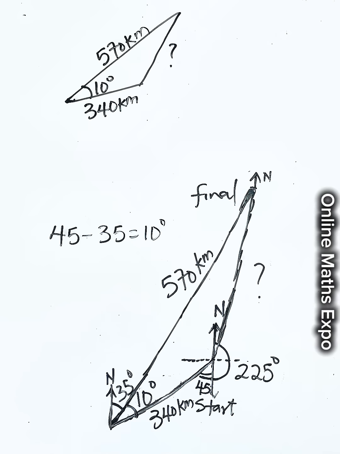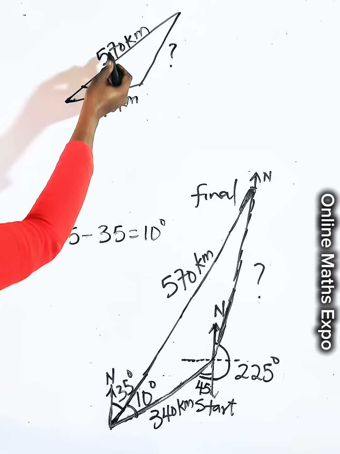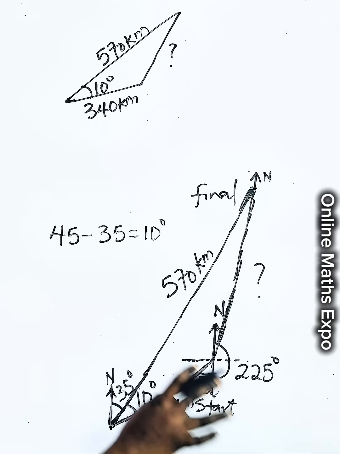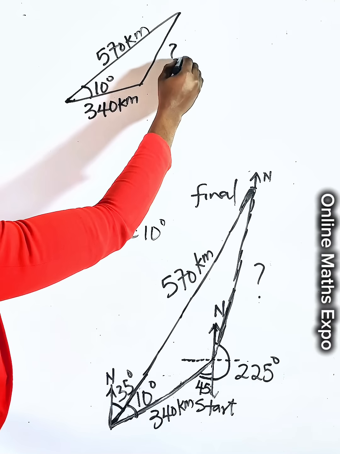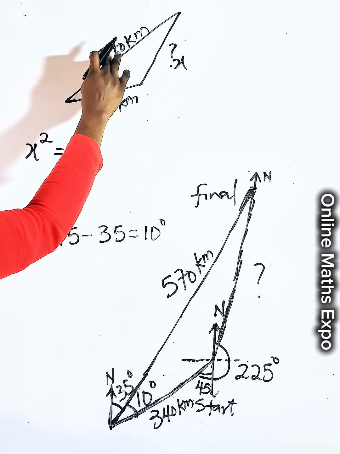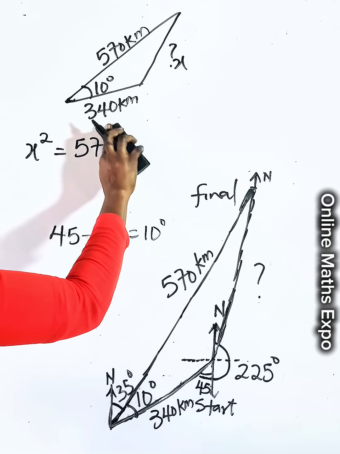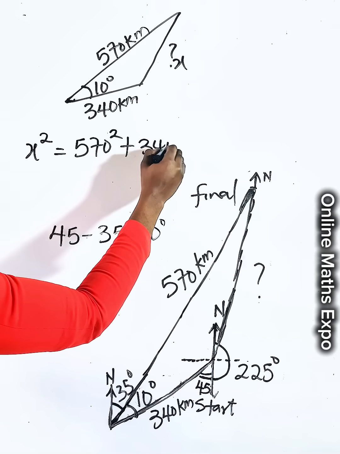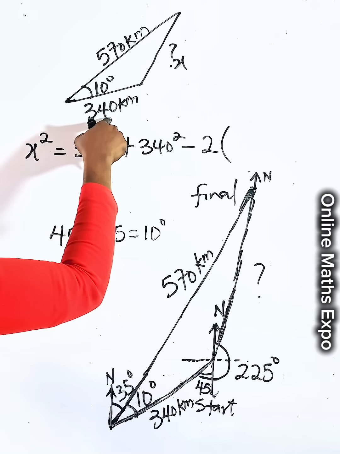So which rule do you apply? You see that there is an angle in between the two given sides. So whenever you have such, remember your cosine rule. So to work on this distance, we can call it x. So we're going to have x squared is equal to 570 squared plus 340 squared minus 2 multiplied by the two sides.